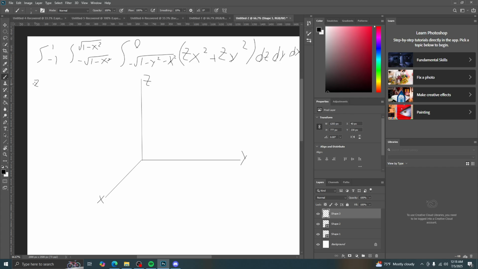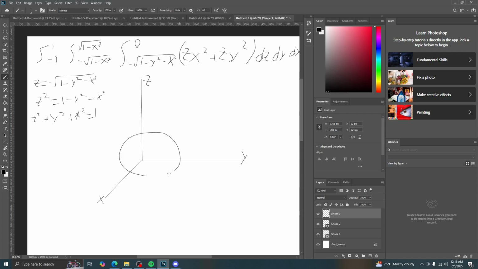We can figure that out from the bottom bound, z equals negative square root of 1 minus y squared minus x squared, so z squared equals 1 minus y squared minus x squared, which means z squared plus y squared plus x squared equals 1. We know it's the negative half because it's negative here, so it's going to be on the negative side of the z-axis.